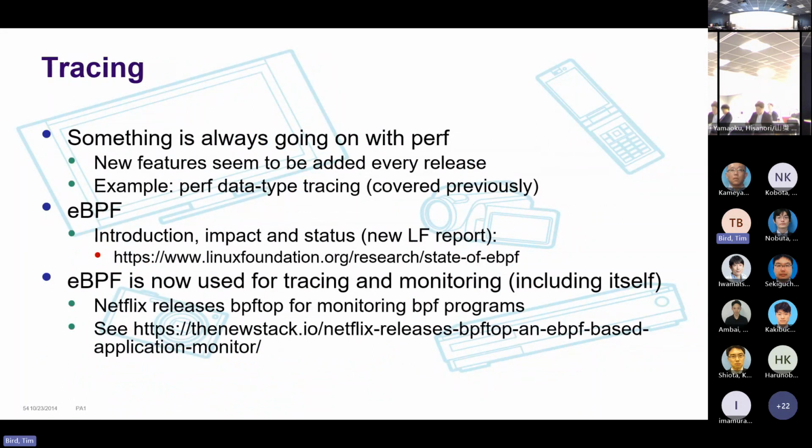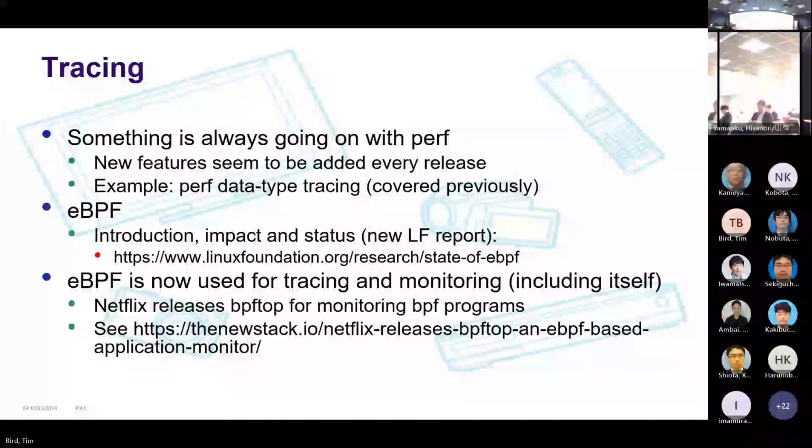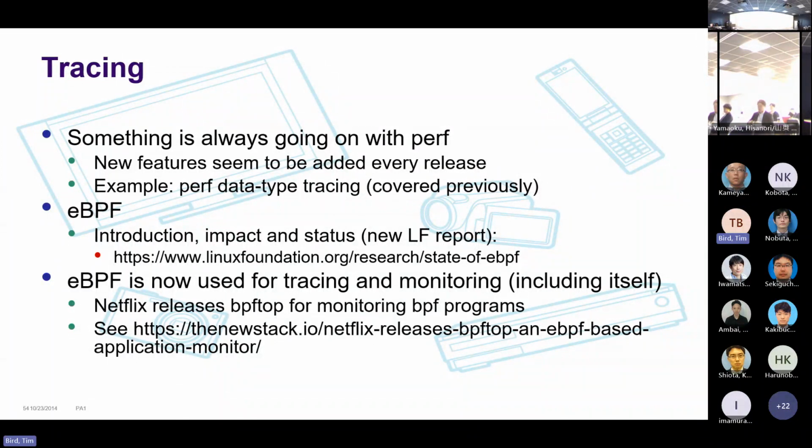Tracing. There's always something going on with perf. Perf is always extending. The example is the perf data type tracing that I talked about previously. In terms of eBPF, there's a new report out by the Linux Foundation. I didn't even know this, and I'm on the Linux Foundation Board of Directors, but there's an eBPF project that's one of the Linux Foundation projects, and they've just released a report talking about eBPF.